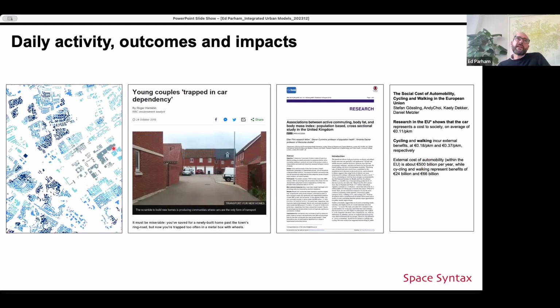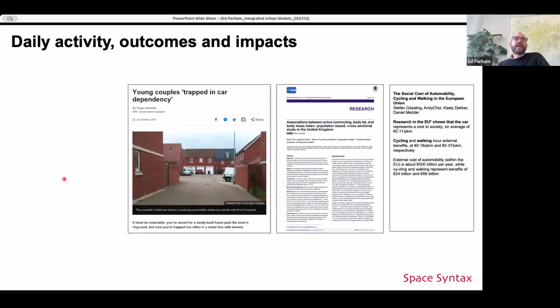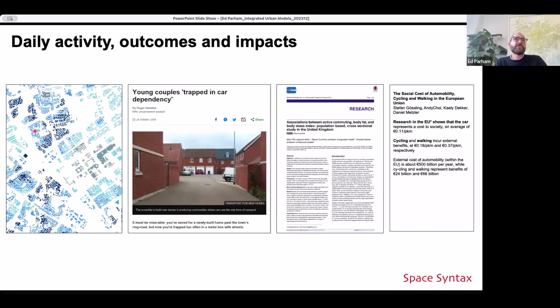Now, the really important thing, and the reason that modelling becomes important, is because you don't have to build this thing, see what happens, and then understand the impact. One way that I've talked about this in the past has been to talk about it as trial and error. So you build something, you see what happens, and then you try and correct it. The reason for using models is that you can start to understand the conditions that make somewhere walkable or car dependent.